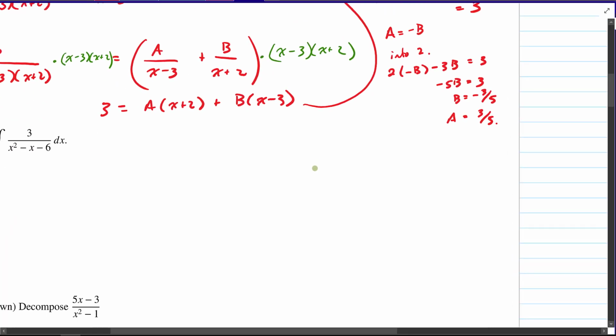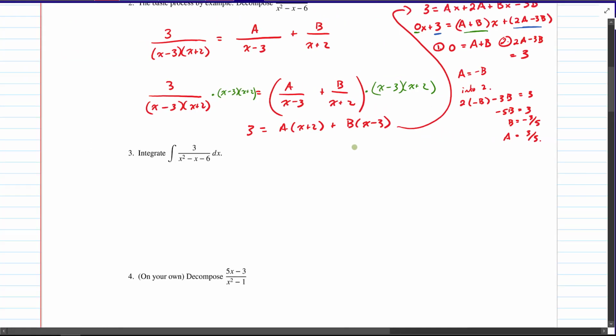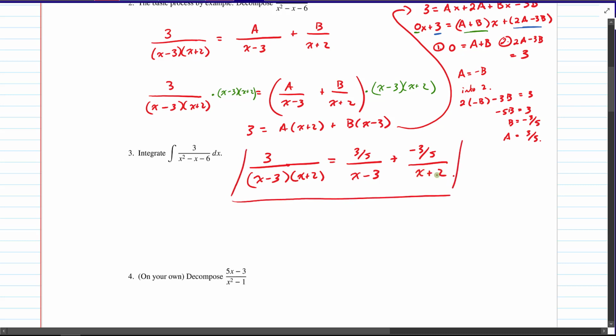So at long last, we can take this original fraction, which was 3 over x minus 3 times x plus 2, and say that that is equal to 3/5 over the factor x minus 3, plus negative 3/5 all over the factor x plus 2. And there we've decomposed this fraction.